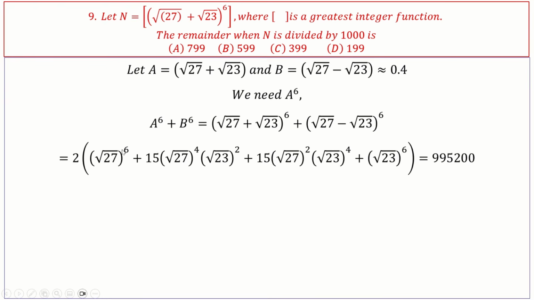So 2 times [(square root of 27) to the power of 6 plus 15 (square root of 27) to the power of 4 (square root of 23) squared plus 15 (square root of 27) squared (square root of 23) to the power of 4 plus (square root of 23) to the power of 6].